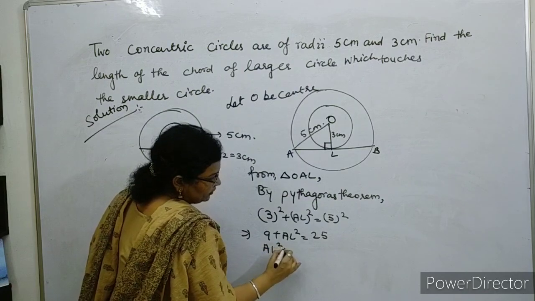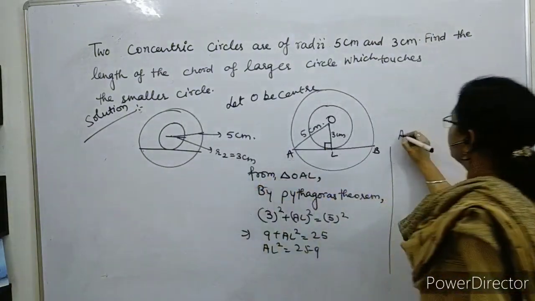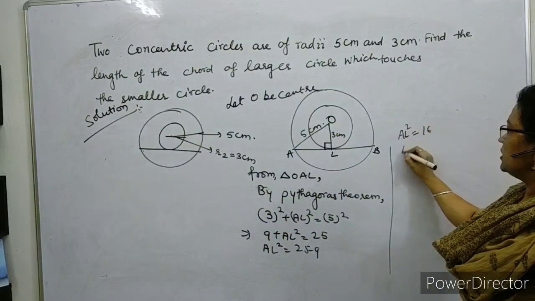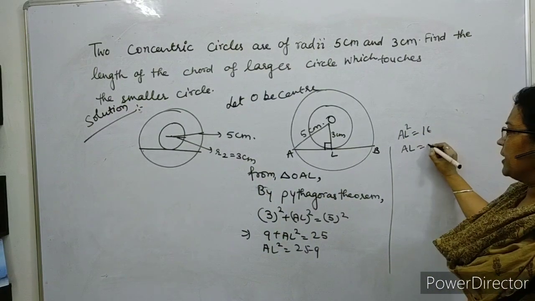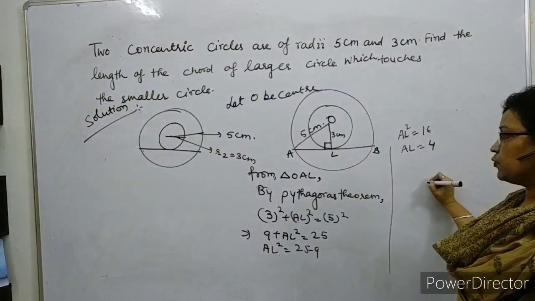So AL square equal to 25 minus 9. So here we will get AL square equal to 16, AL equal to plus minus 4. But the length can't be negative, so we will take plus 4.